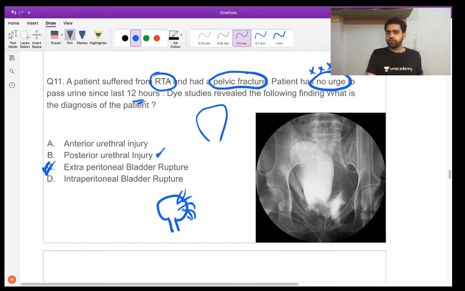If I modify the question, and say that the patient comes with a road traffic accident and pelvic fracture, has not passed urine for the last 6 years, and on palpation the urinary bladder is palpable at the level of the umbilicus, then the answer would have been posterior urethral injury. But for this question, the answer is extraperitoneal bladder rupture. I hope you can appreciate the difference in diagnosis between extraperitoneal bladder rupture and posterior urethral injury.